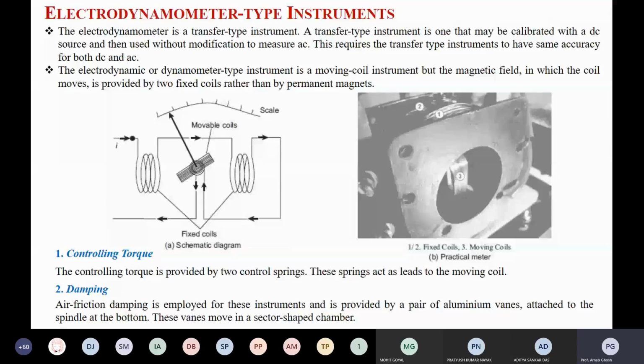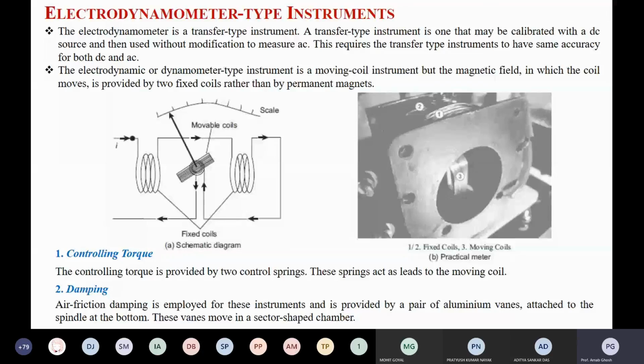As per the previous study, in case of the PMMC instrument, all of you know that in permanent magnet moving coil, it is observed that PMMC instruments can only directly measure DC current and voltage.